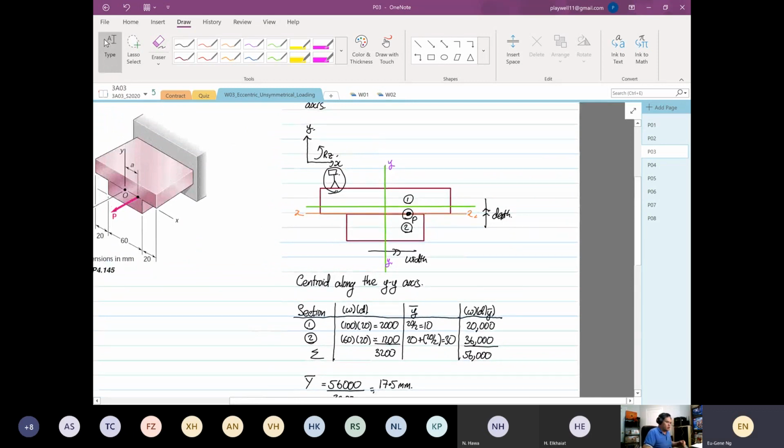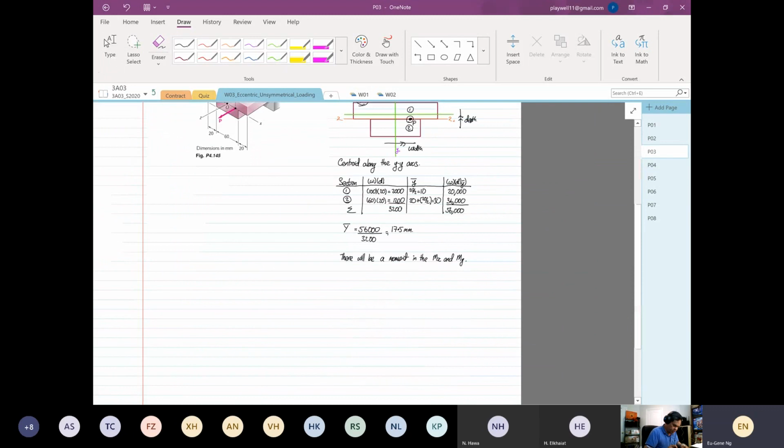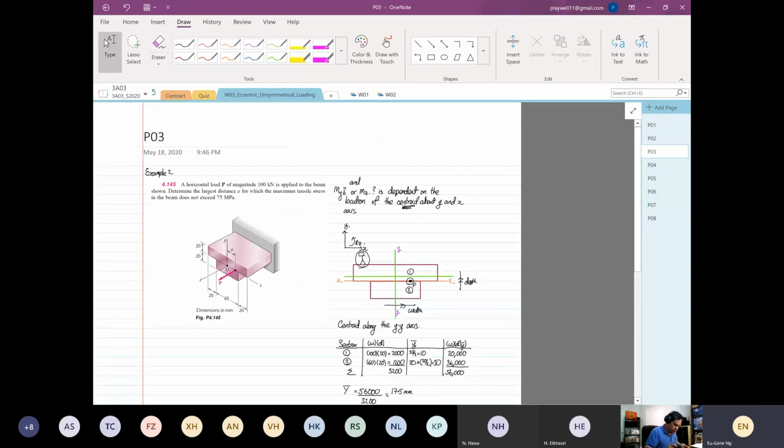So you have to be really cautious, okay? You have to identify where the centroid is more than anything else, okay? Are we clear? So be very cautious about this. This is a very popular question when it comes to students making mistakes, okay? Any questions so far?